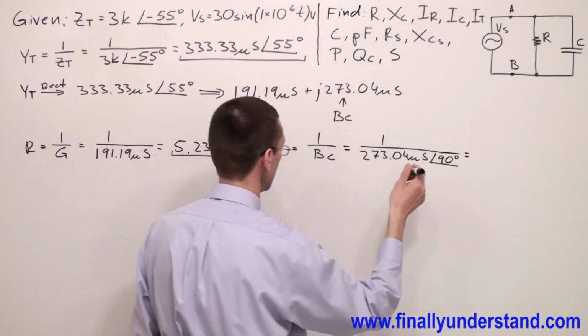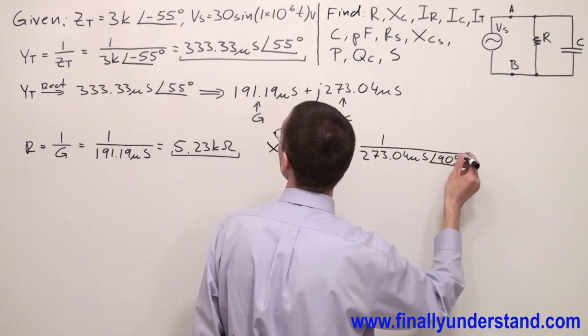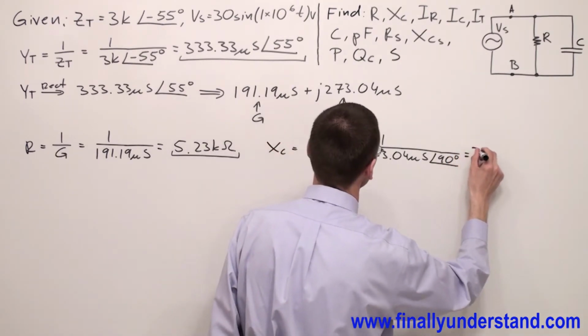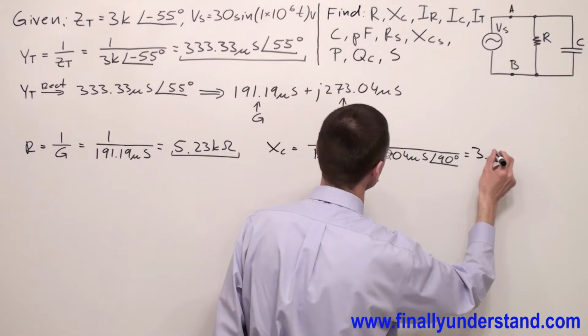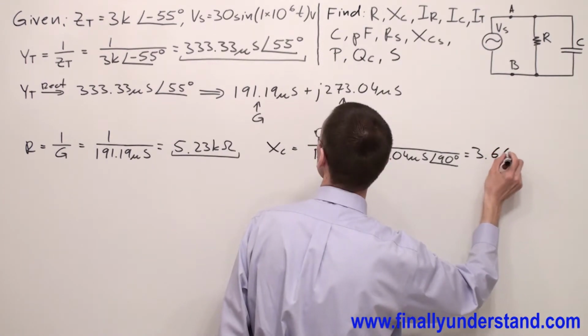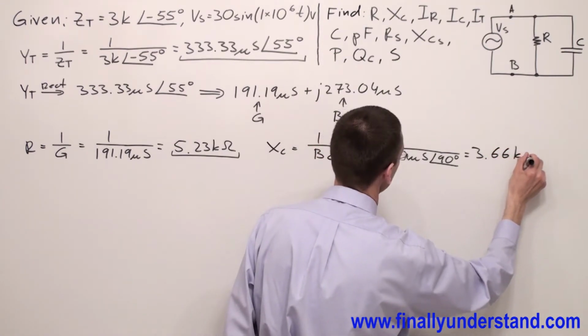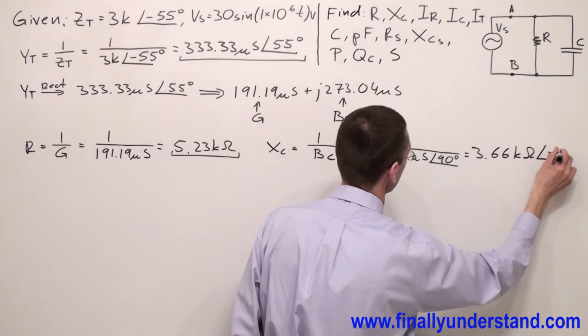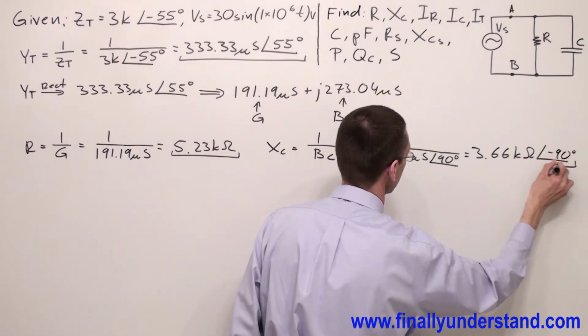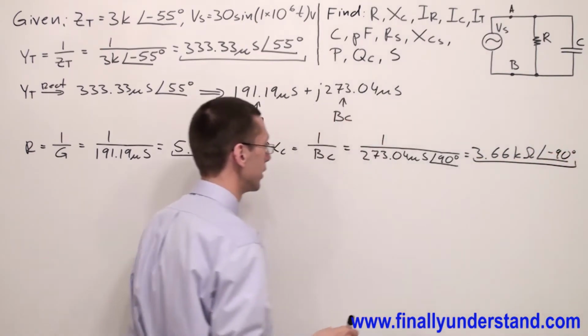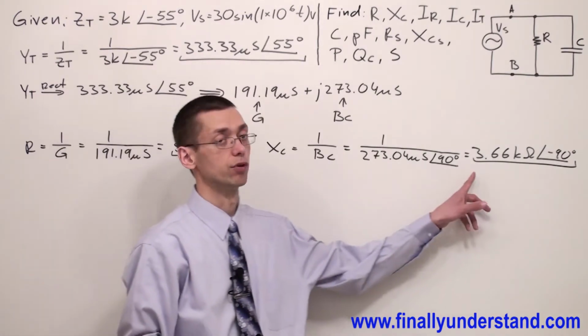Use the calculator. You're supposed to obtain the value of 3.66 kilohms and angle of negative 90 degrees. So this is my capacitive reactance.